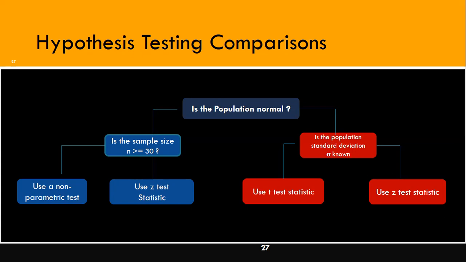For the Z-test, z is equal to x bar minus mu divided by sigma. In the case of the t-test, t is equal to x bar minus mu divided by the sample standard deviation. We don't know the population standard deviation, hence we use the sample standard deviation.